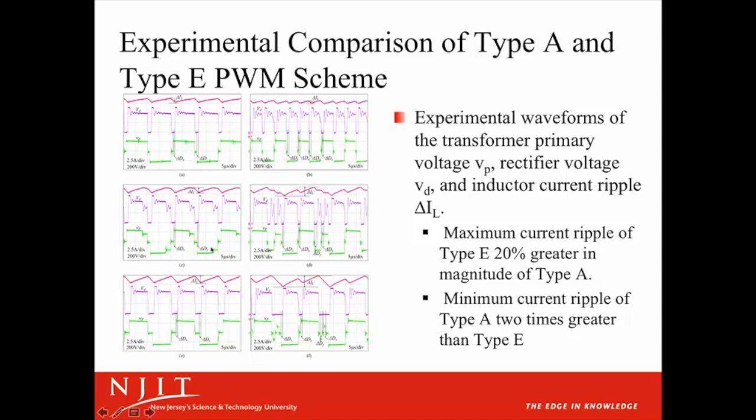C shows the type A between angles of negative 30 and 0, and D shows type E between angles of negative 30 and 0. E shows type A at angle equals negative 30, and finally F shows the type E scheme at angle negative 30.